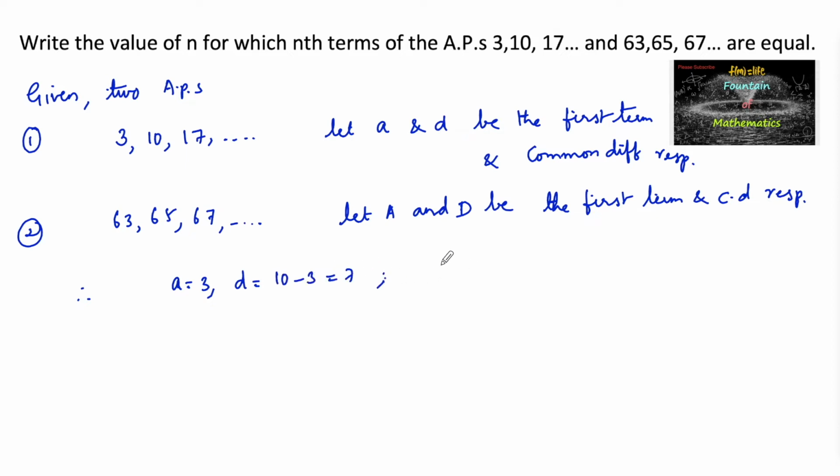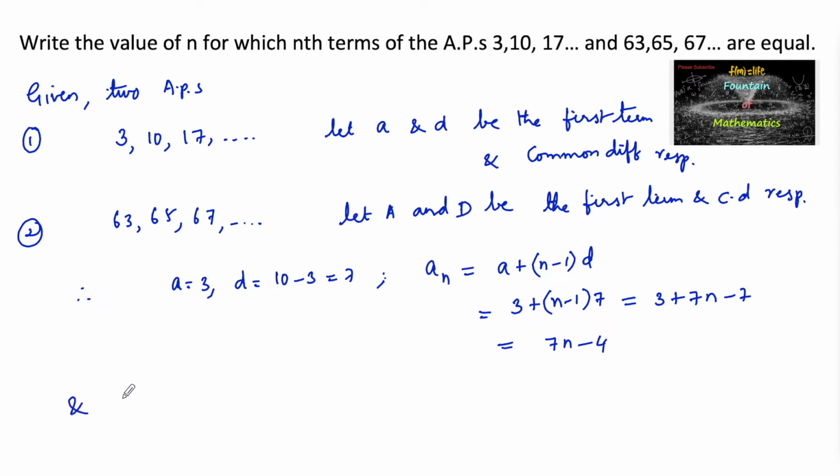The general term in the first sequence, let us consider an, is equal to a plus n minus 1 into d, that is 3 plus n minus 1 into 7. So this can also be written 3 plus 7n minus 7, or 7n, 3 minus 7 is minus 4.